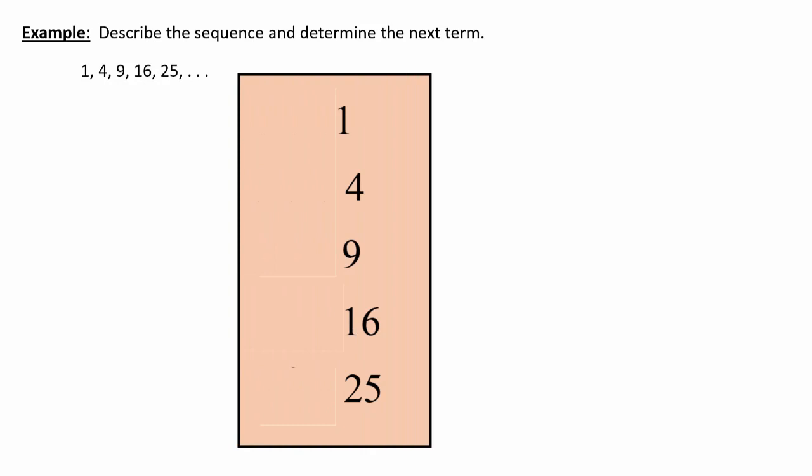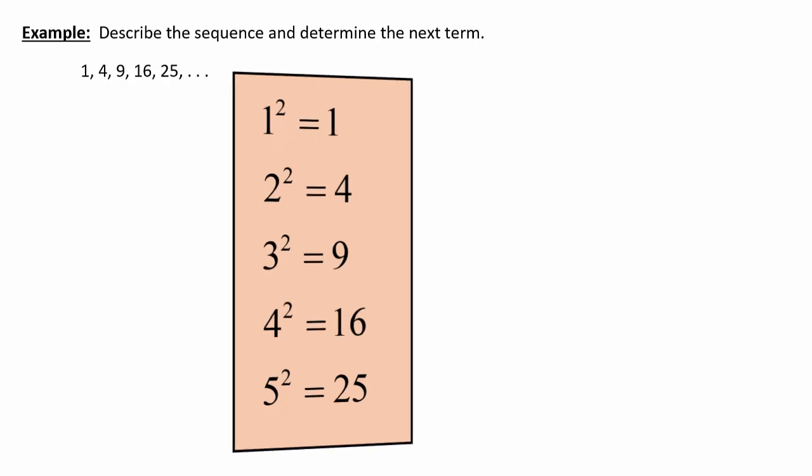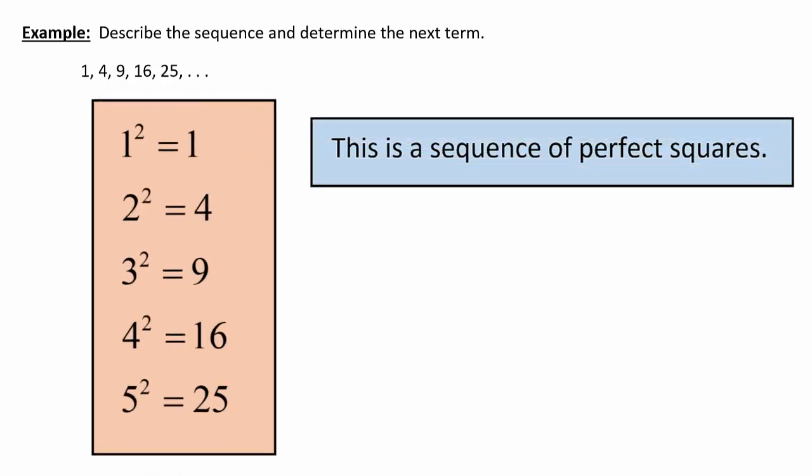Well, 16 is 4 squared and 25 is 5 squared. Does that work for the other numbers? Well, 9 is 3 squared and 4 is 2 squared and 1 is 1 squared. So these are all perfect squares.